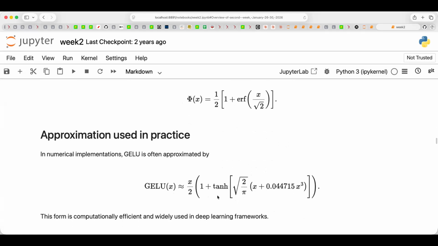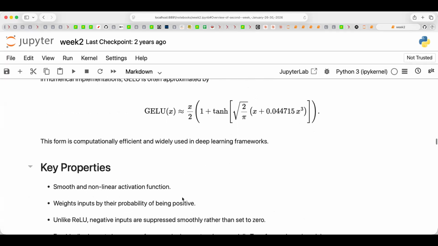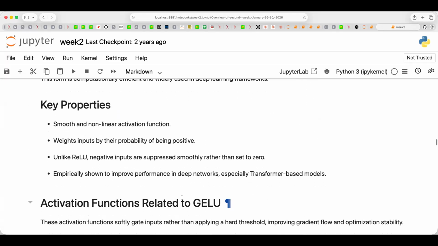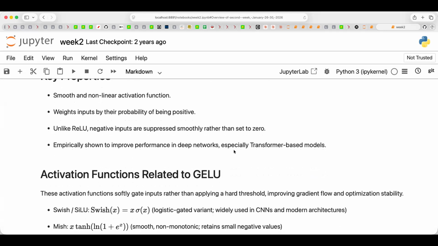So it has a kind of tanh lookalike. It's computationally efficient and widely used in deep learning frameworks. It is a smooth, nonlinear activation function which weights inputs by their probability of being positive. Unlike ReLU, negative inputs are suppressed smoothly rather than set to 0. It's empirically shown to improve performance in deep networks.